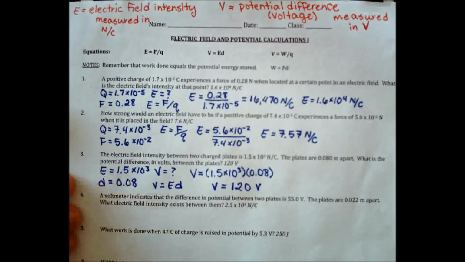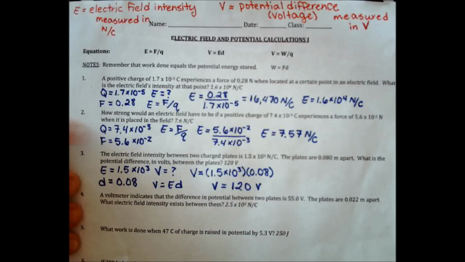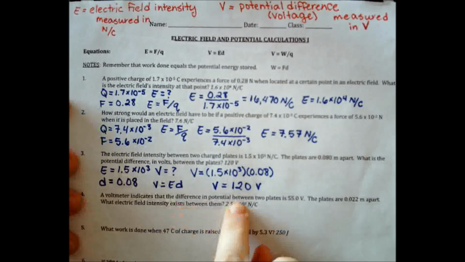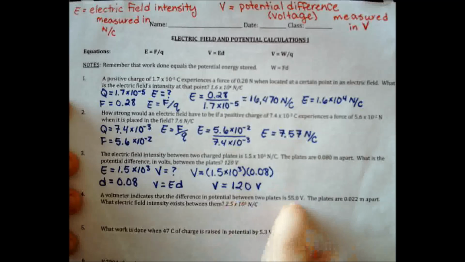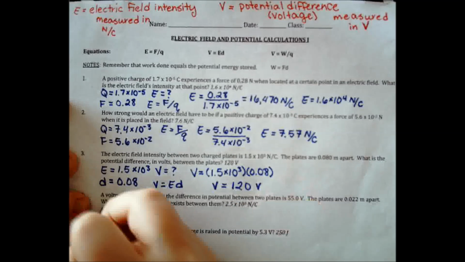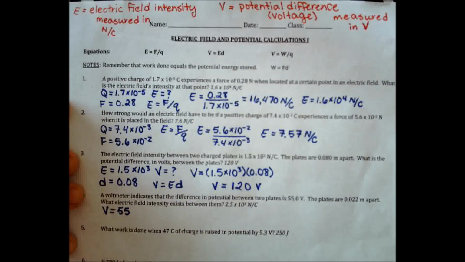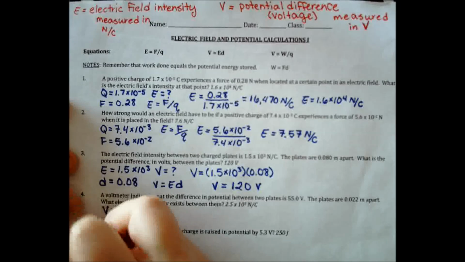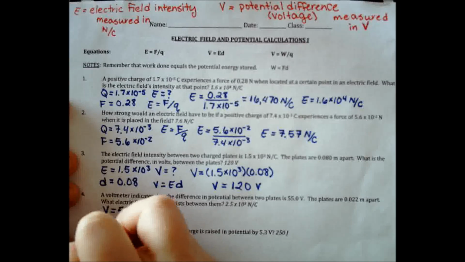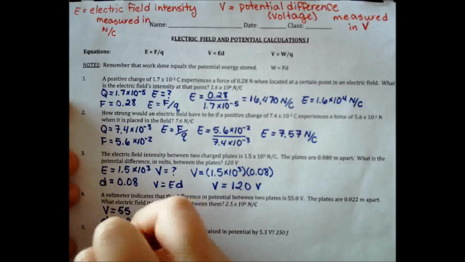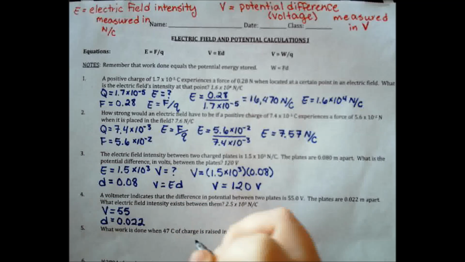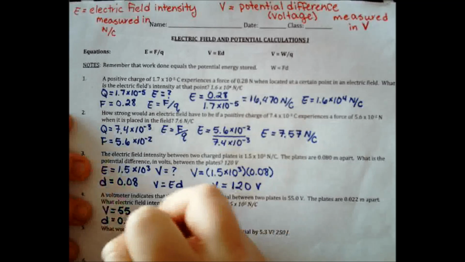Alright, a voltmeter indicates that the difference in potential, which is just another way of saying potential difference, between two plates is 55 volts. The plates are 0.022 meters apart. What electric field intensity exists between them?